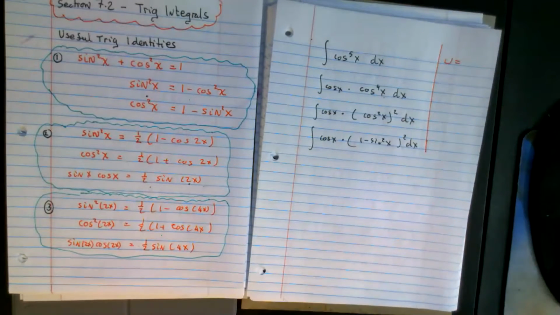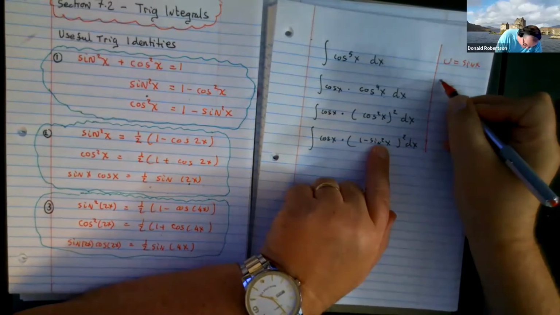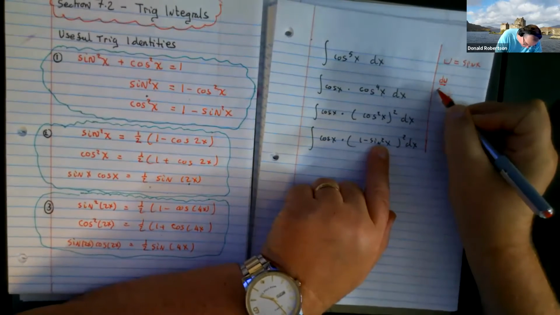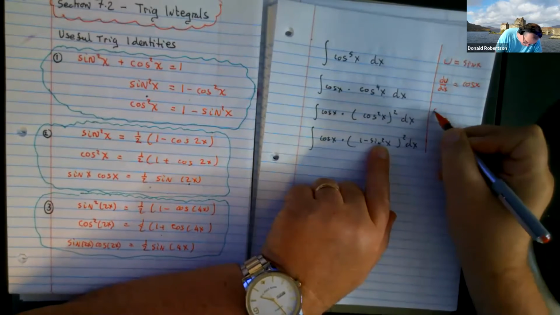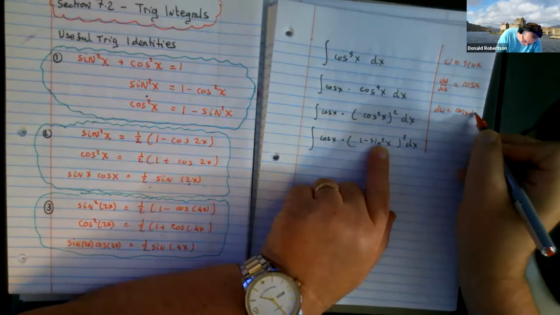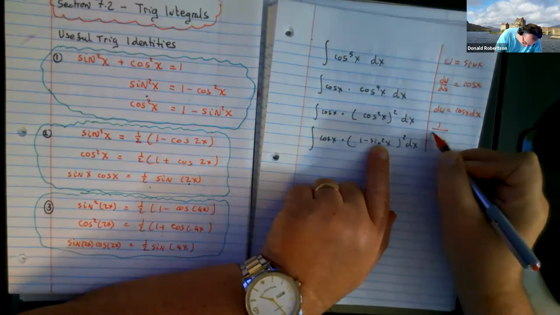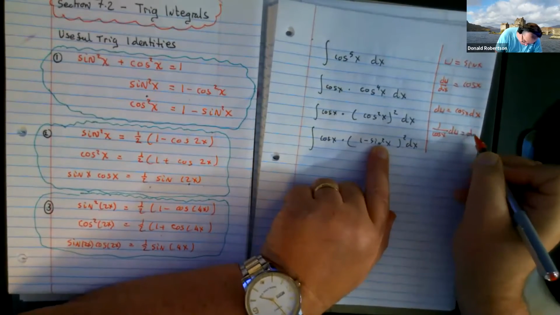Sine of x. Agreed? Then you differentiate with respect to x, which gives you a cosine. You do your crossover. And then you divide both sides by cosine to isolate your dx.